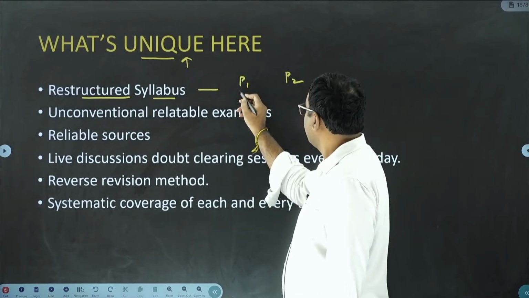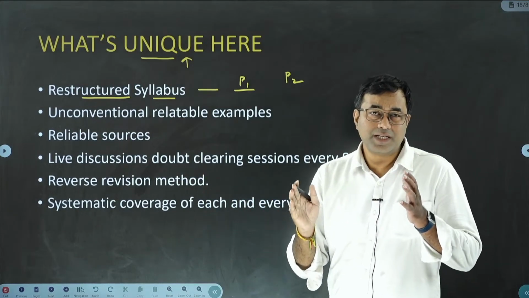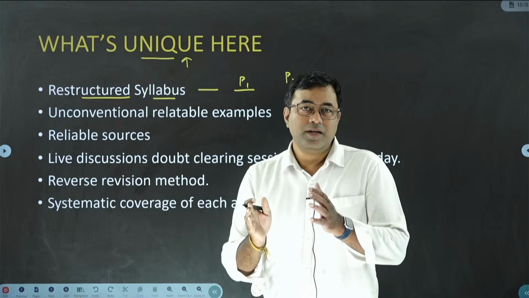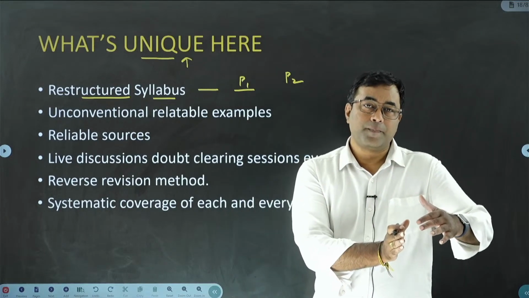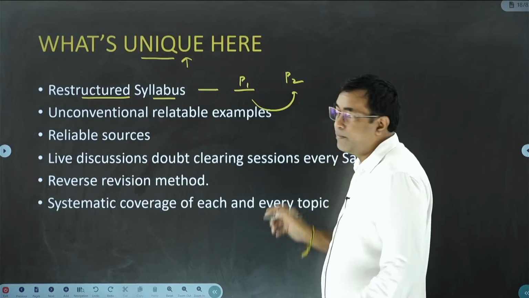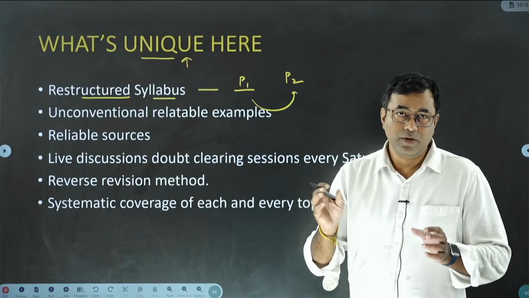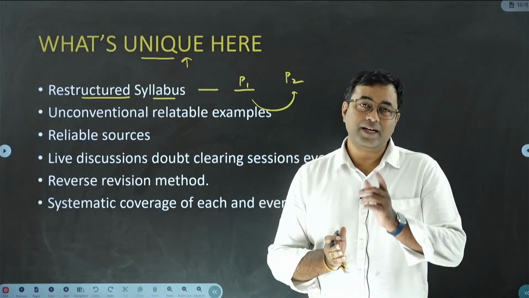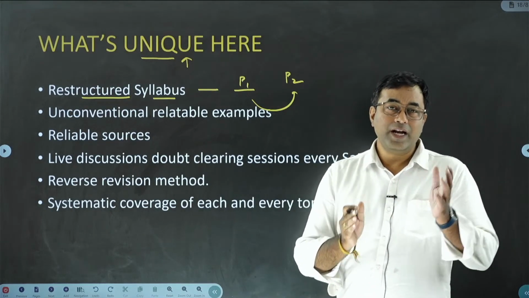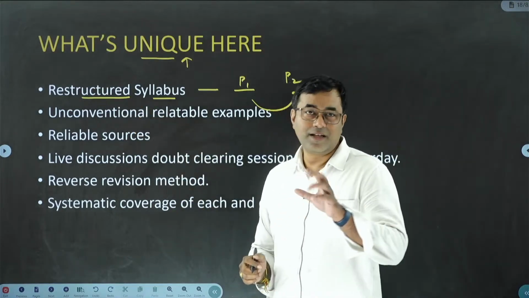In paper 1, we will collect all the socio-cultural anthropology related chapters and discuss them at a time, and after that we will connect it to paper 2. The similar topics related to paper 1 and paper 2 we will discuss together, so that you can relate paper 1 and paper 2. That is called restructuring the syllabus.